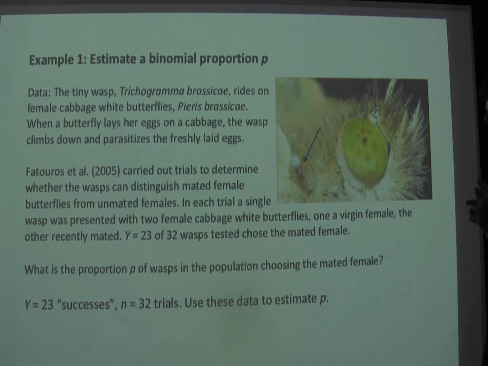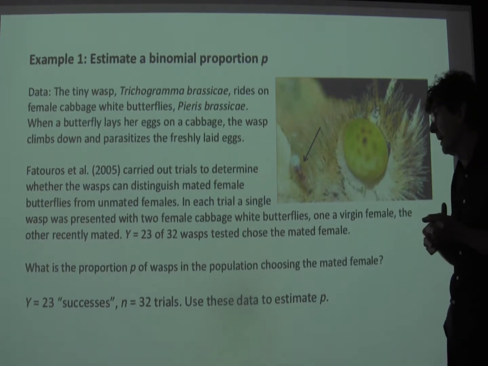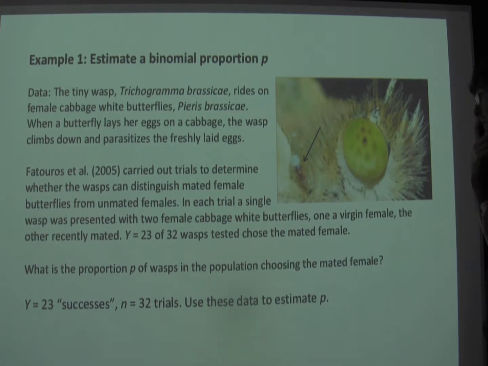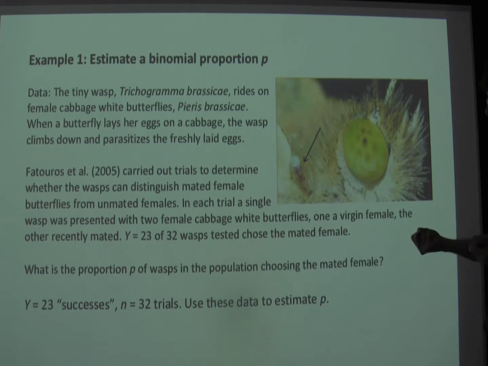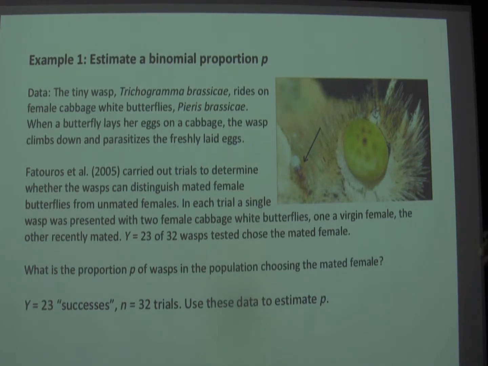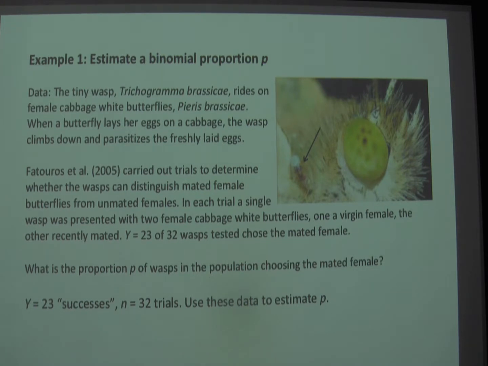So they carried out a series of trials, 32 trials. And each trial involved presenting a single wasp with two female cabbage white butterflies, one an unmated female and the other a recently mated female.